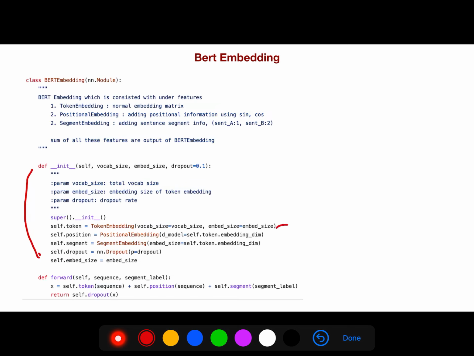As I said, if you add token embedding, position embedding and segment embedding, you get the embedding. And for the forward one, you just add these different embeddings of a token.